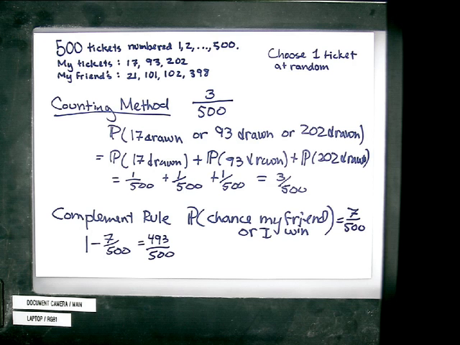I did that only to make the point that you should be really clear as to whether it was 1 away from my friend's and he didn't win, or 1 away from my friend's and he could have won. Why is this even an issue? He had 2 tickets with numbers right next to each other, 101 and 102, and therefore 101 would mean he'd won and it was 1 away from him.